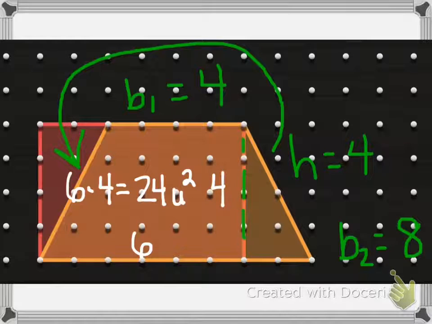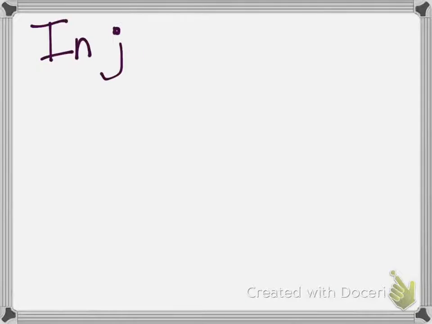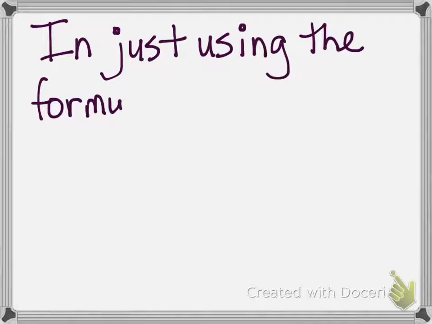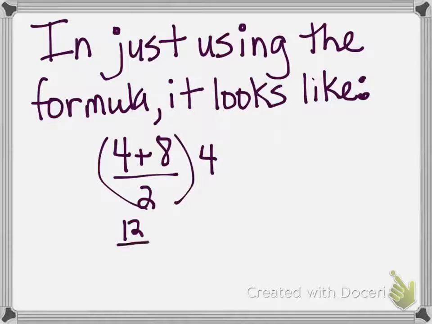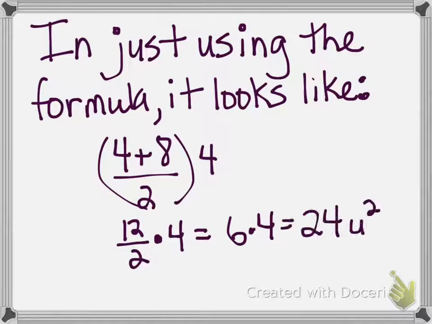The average length of 4 plus 8 is 6, and then 6 times 4 gives us 24 units squared. And just using the formula, it looks like 4 plus 8 divided by 2 times 4, which is then 12 divided by 2 times 4, which equals 6 times 4, which equals 24 units squared.